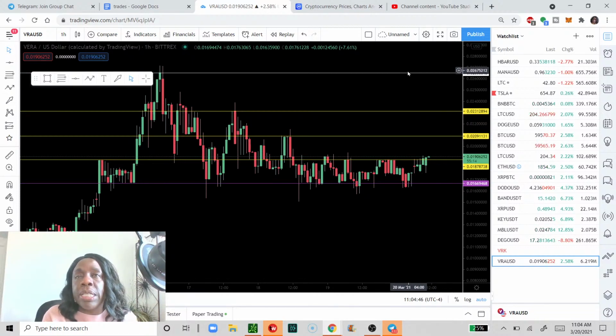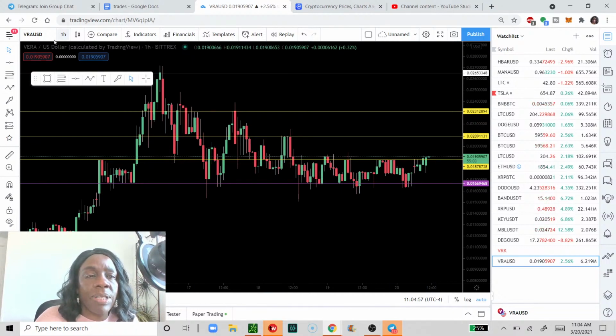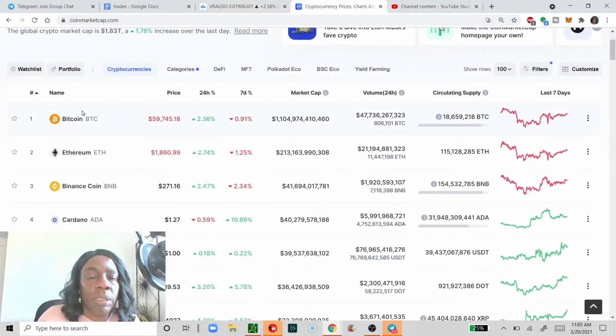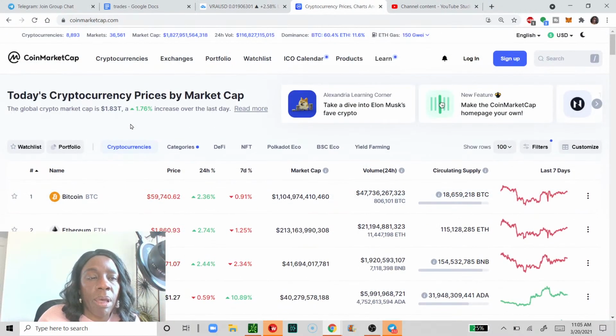All you can do is take the coin and go do your research. Go to coinmarketcap.com, see how the coin ranks. Let's look at this VRA on CoinMarketCap. Where do we enter our coins to search? It's got to be here somewhere.